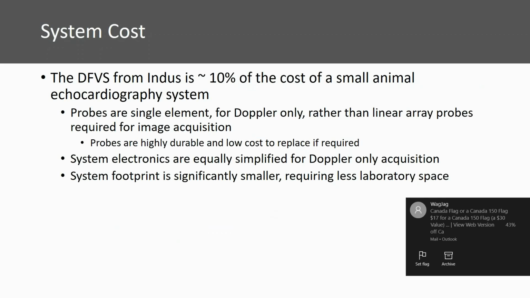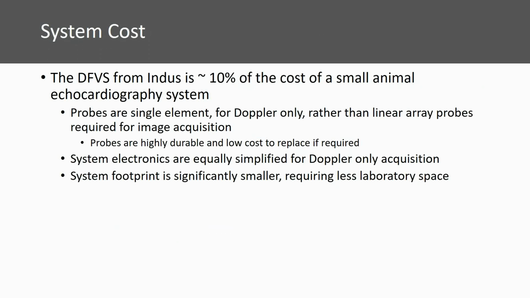And finally, the last difference between the Doppler system and the echo system I will touch on is cost. The Doppler system is approximately 10% of the cost of the small animal echo system. This is because the probes are quite small, are far simpler, being small and having a single element, which is what's required for the Doppler signal acquisition, rather than a linear array of up to 256 elements, which is required for imaging.